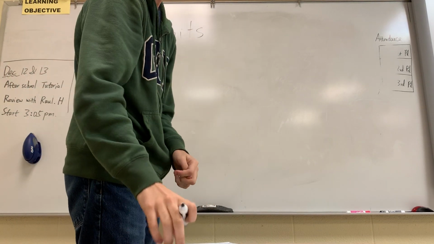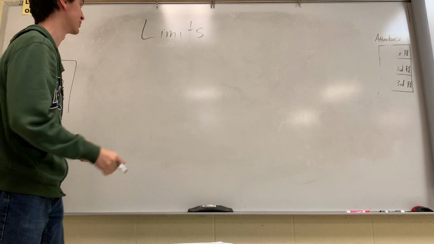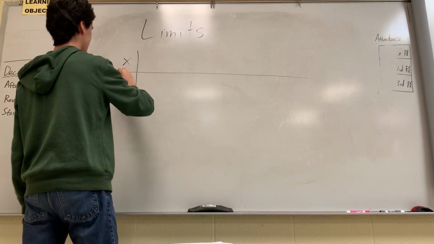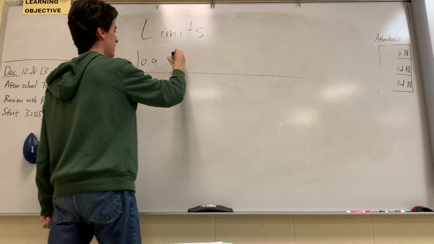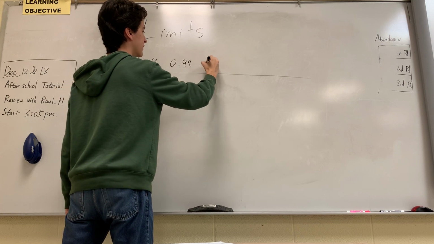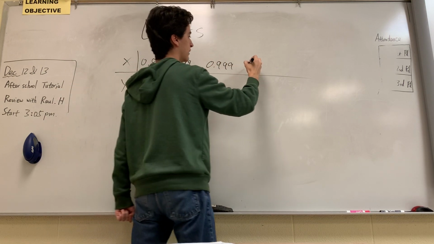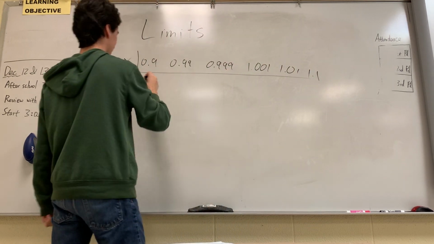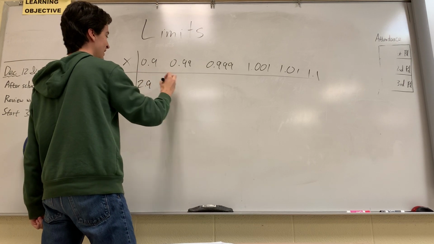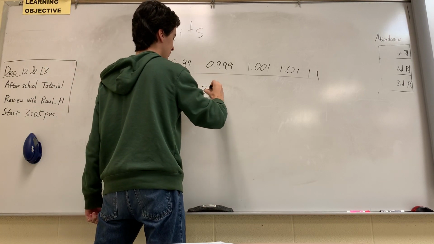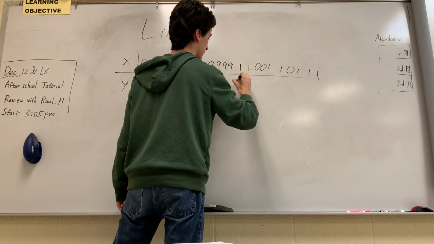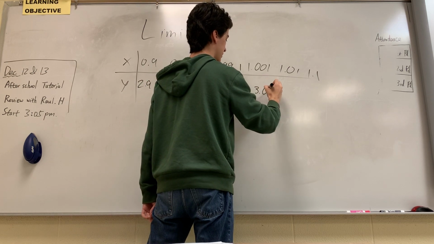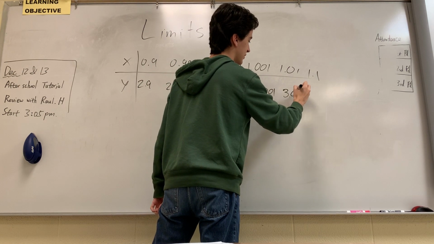And so besides graphs, the AP test can also give you tables. Say they gave you a super long table. Say they gave you the x values of 0.9, 0.99, 0.999, and then 1.001, 1.01, 1.1, and over here you have 2.9, 2.99, 2.999, 3.001, 3.01, and 3.1.